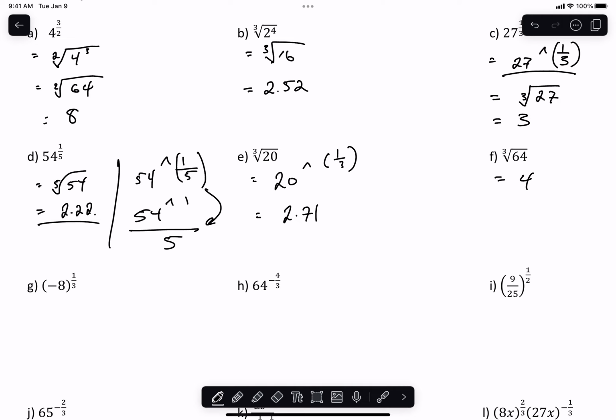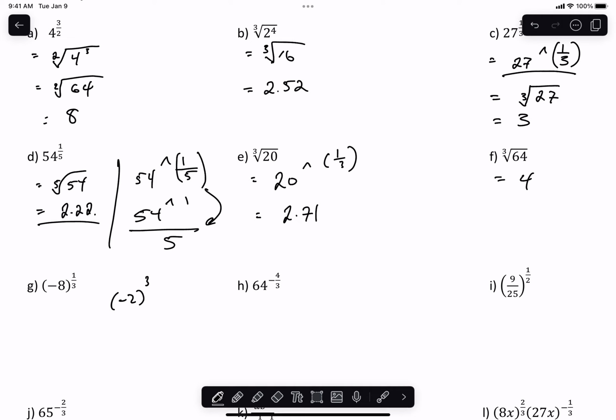Something like -2 cubed. You're going to get a negative, because that idea of repeated multiplication says I get -2 times -2 times -2. There's an odd number of negatives there, right?